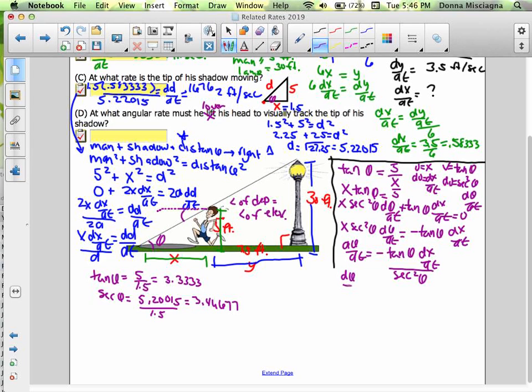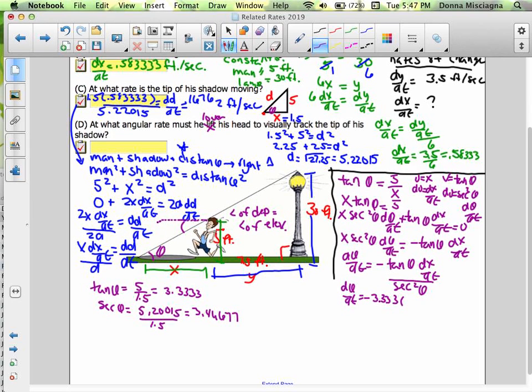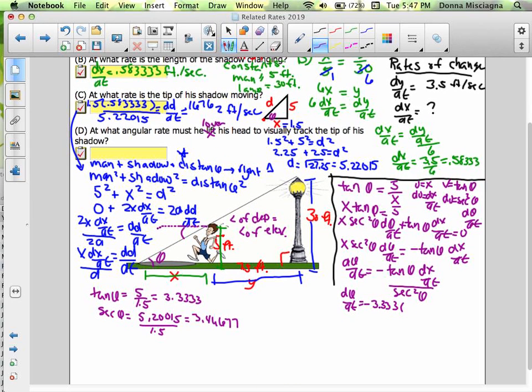So d theta dt is negative 3.333 times dx dt, which was off the screen. It's right there, 0.58333.